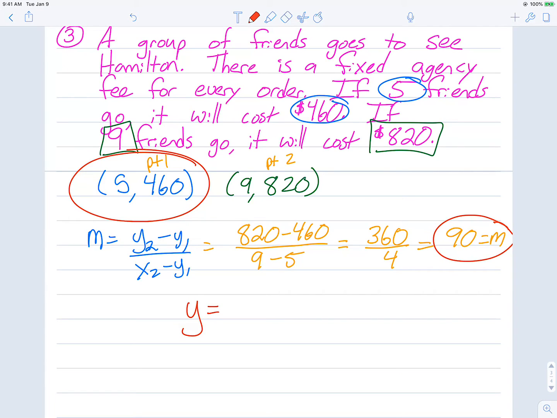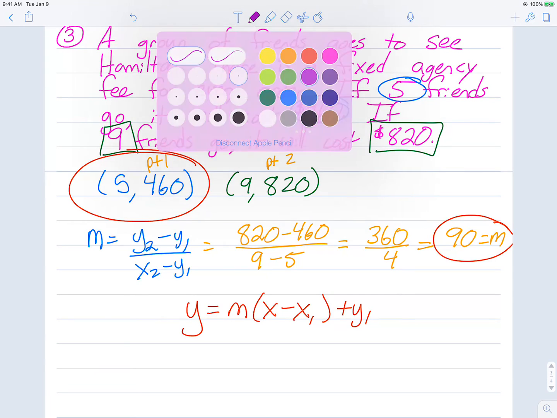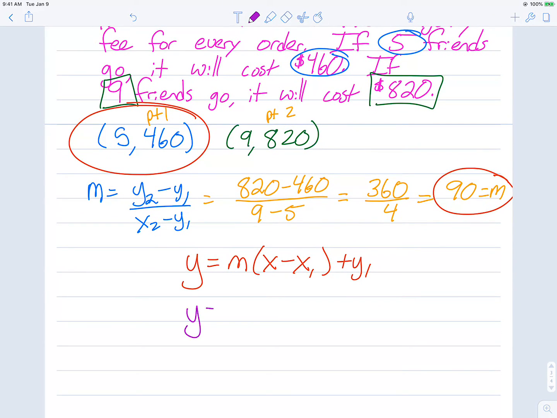So using my equation, y equals m times x minus x sub 1 plus y sub 1, I'm going to plug in all of my information, and I'm going to get y equals 90 times x minus 5 plus 460.